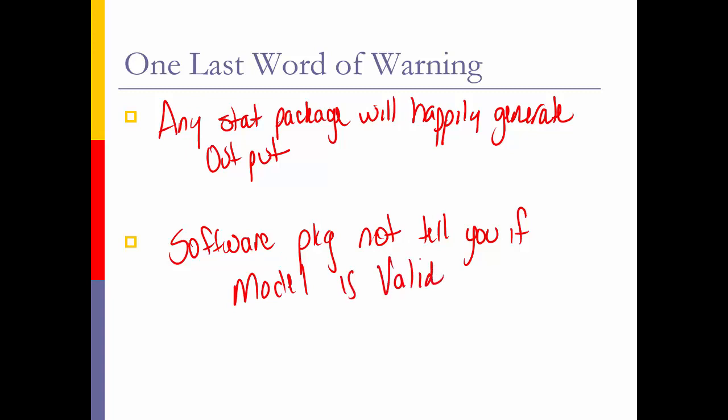And more importantly, the software is certainly not going to tell you if your model is valid. It can give you some generalizable values, it can give you some output, but if you've got a sample that is not representative of the population, but you have very low shrinkage, well, it still doesn't mean the model is valid, right? So any software will be happy to do anything that you ask it to do, but you do have to be the brains behind any of this multiple regression, and you do have to figure out and do some work to know what to put in the model, how to put it in the model, and when to put it in the model. And that's hopefully what you've got at least so far.